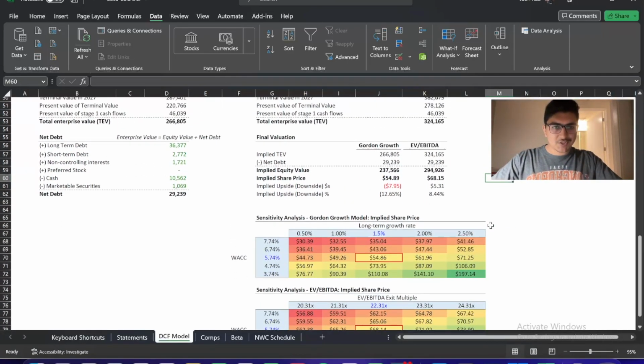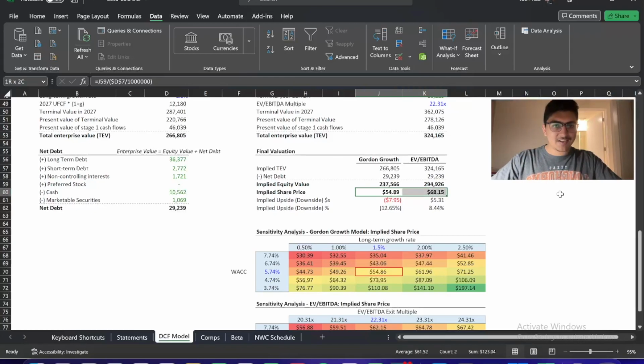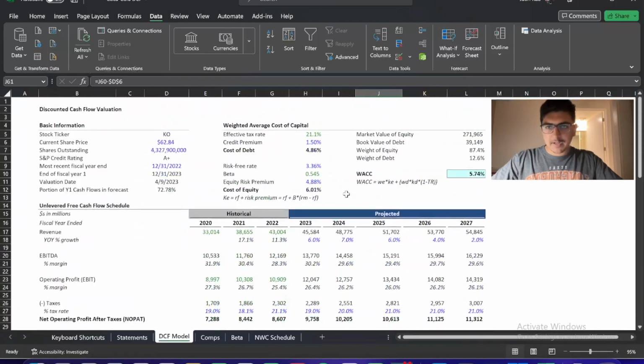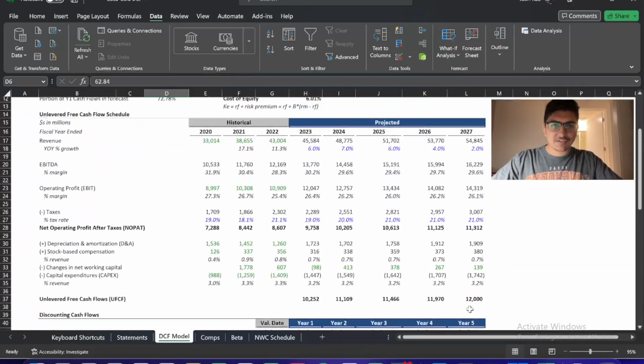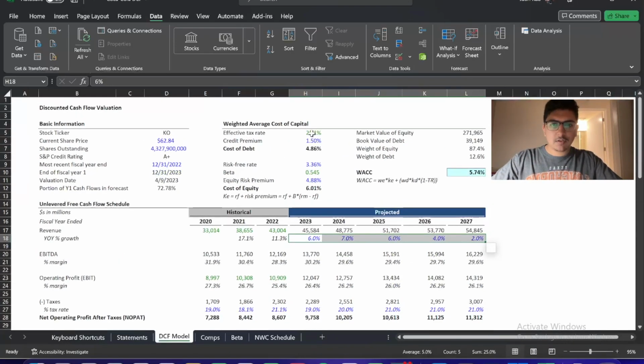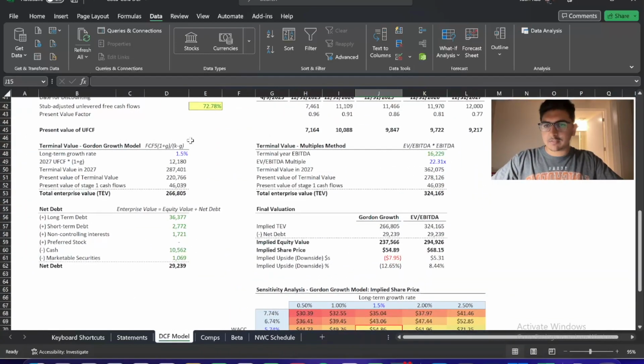Now, the important question is, is this a buy or is this a sell? I don't really know, if I'm being totally honest, because right now it's trading at 62.84, and we kind of just made these numbers up, right? So our revenue, we kind of made these up, but we did go pretty accurate with the WACC, and we really just made these Gordon growth models and our EV to EBITDA multiples, although they were an average, right?